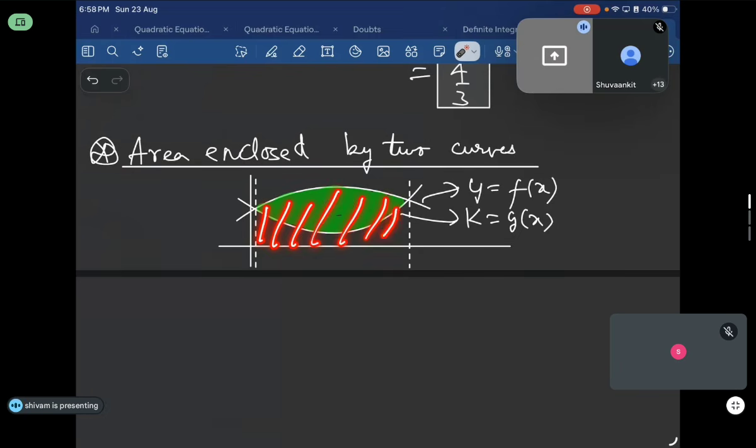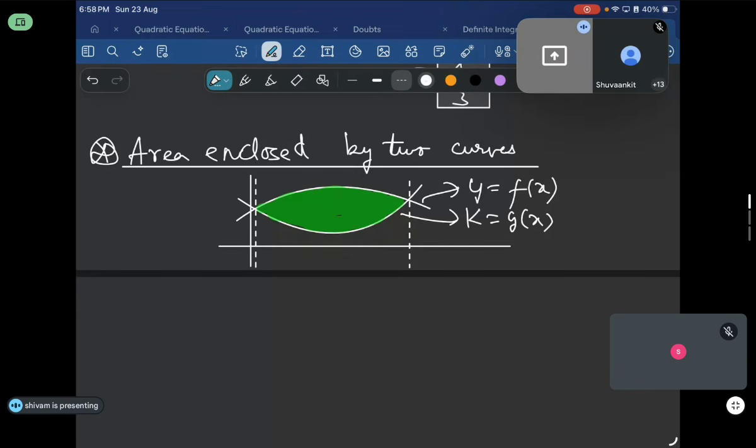So total area minus area covered by g of x. So what can we write? Area will be equal to integral from, let us say that this is alpha and this is beta.